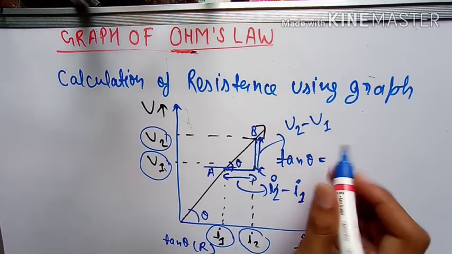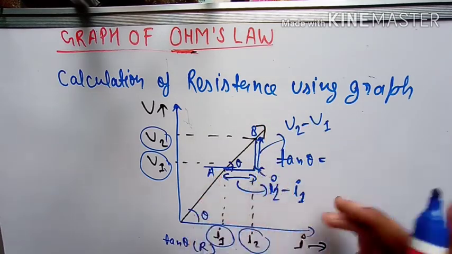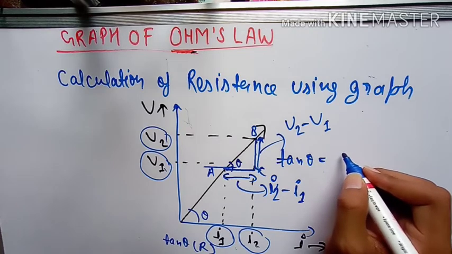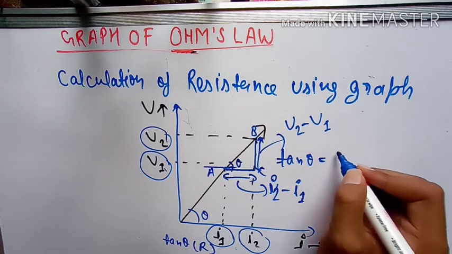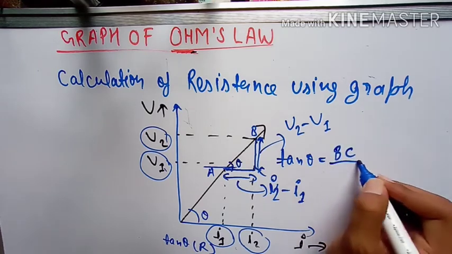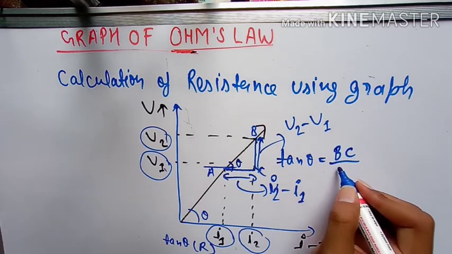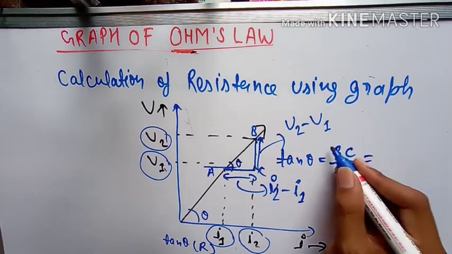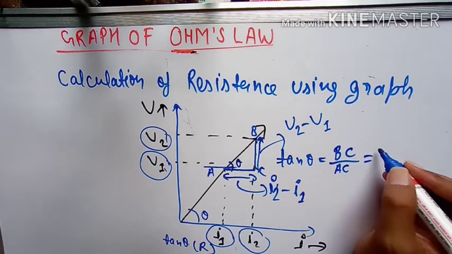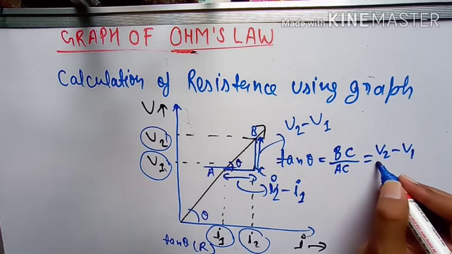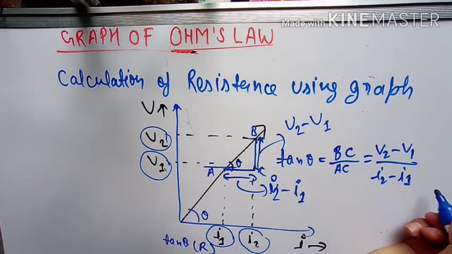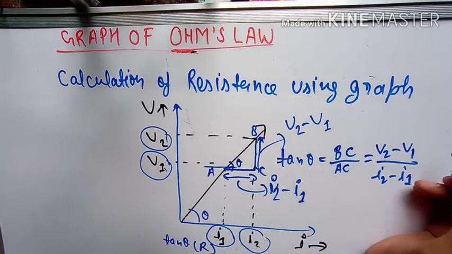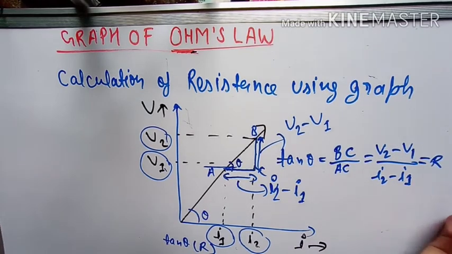So what about tan theta? Tan theta is perpendicular upon base. Very good. So what is perpendicular here? Perpendicular is BC upon base, which is AC. So in place of BC you can simply write V2 minus V1 upon I2 minus I1. Understand? This is the value of resistance shown by this slope.